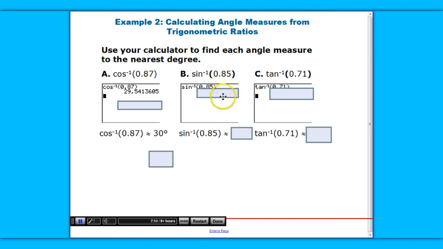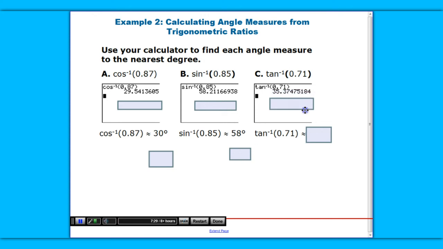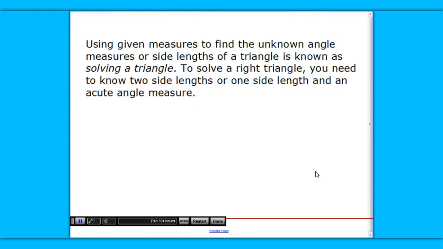And when you do, you end up with a decimal answer, which can be rounded to the nearest degree, in this case, 58 degrees. And again, inverse function tangent for the ratio 0.71 gives us this decimal equivalent, and so we round that to 35 degrees. Okay, kind of fun, finding angle measures using your inverse trigonometric function.